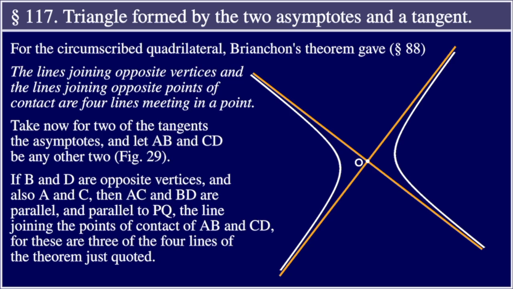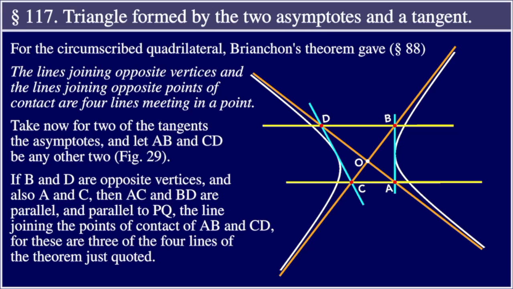Take now for two of the tangents the asymptotes, and let AB and CD be any other two, Figure 29. If B and D are opposite vertices, and also A and C, then AC and BD are parallel, and parallel to PQ, the line joining the points of contact of AB and CD, for these are three of the four lines of the theorem just quoted.